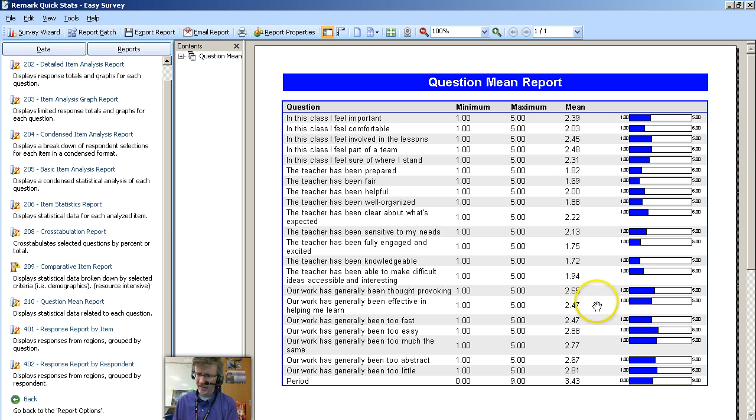So here you might see that our work has generally been too easy. We're clearly over the, well, I suppose over the halfway point would be 3, so we're still kind of under the 3.0 average. So people are generally kind.